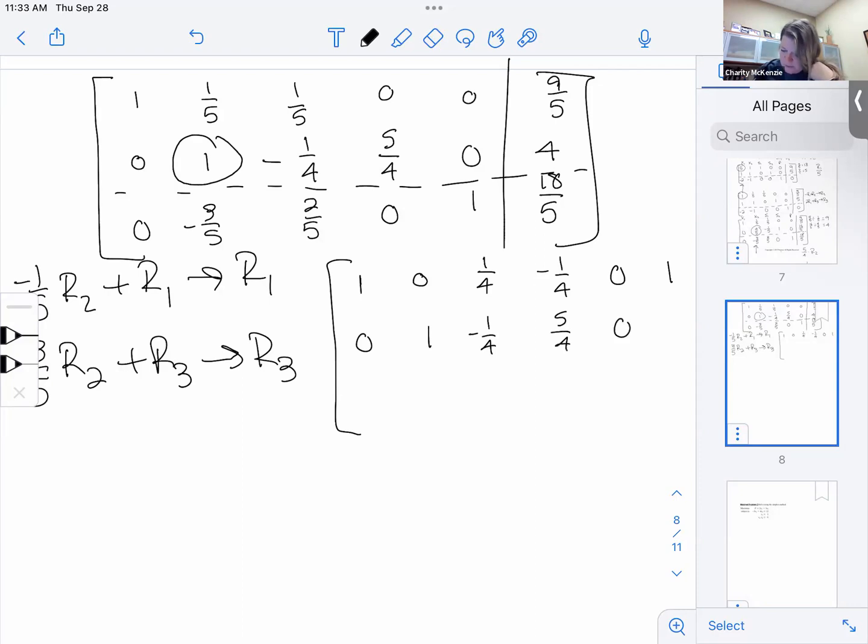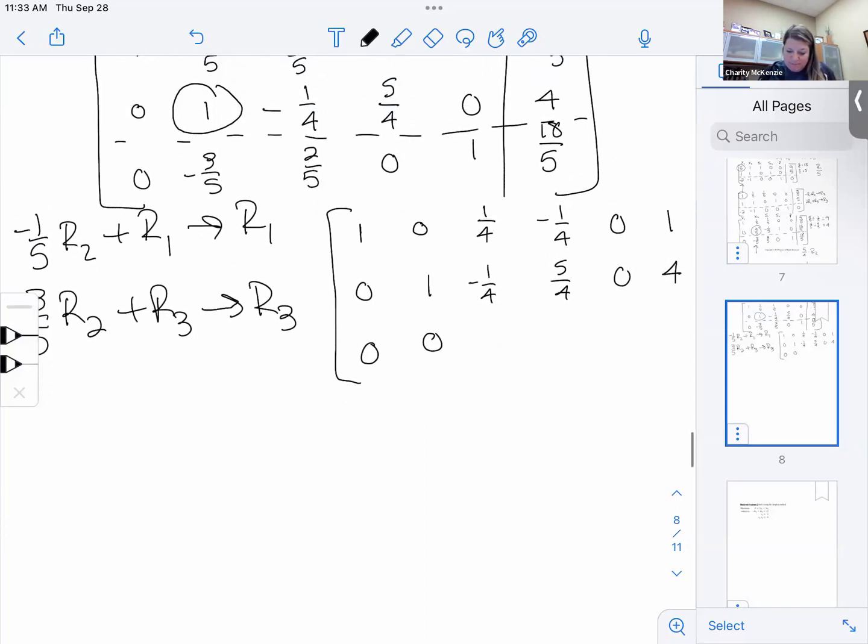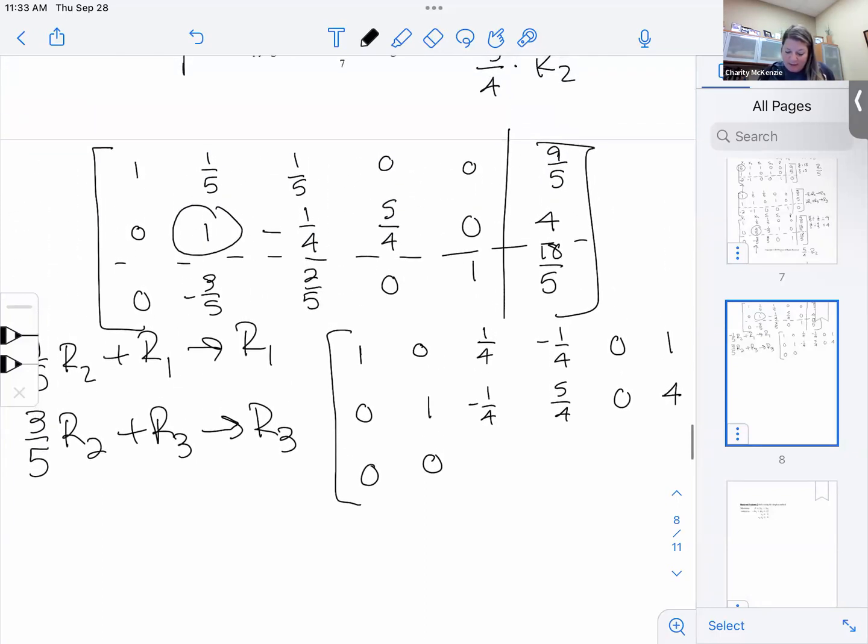5/4, 0, 4. Okay, last row is the 3/5 times the middle, and then add it down. So 0 times 3/5 plus 0 is 0, and then 3/5 times 1 plus 3/5 is 0, and then negative 1/4 times 3/5. So 3/5 times 1, negative 1/4 plus 2/5.